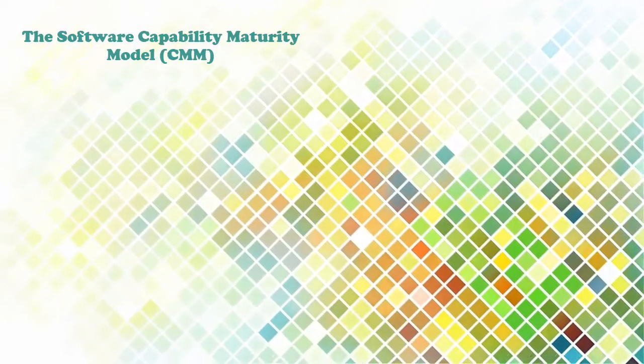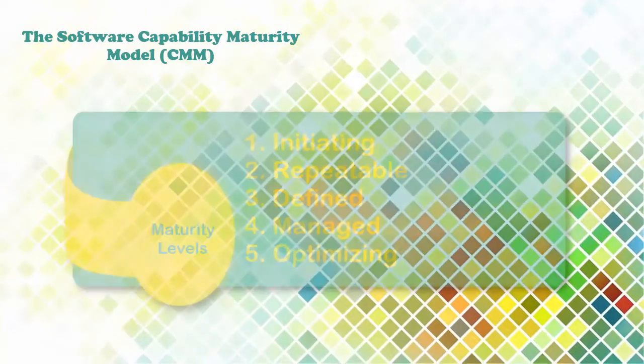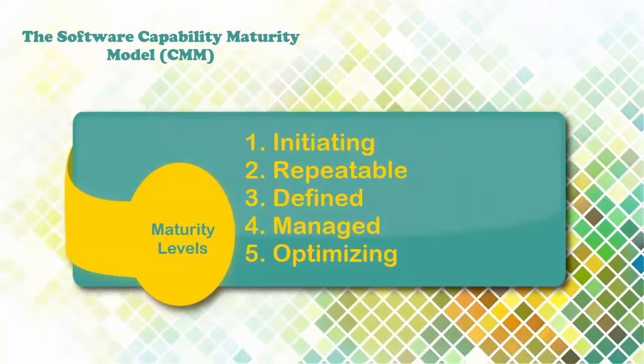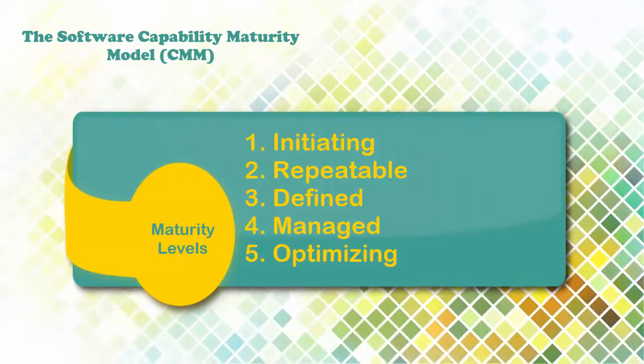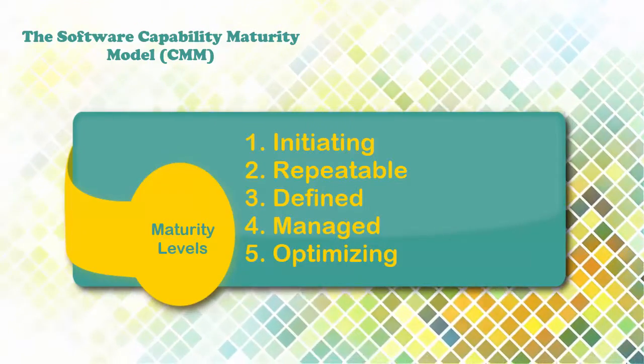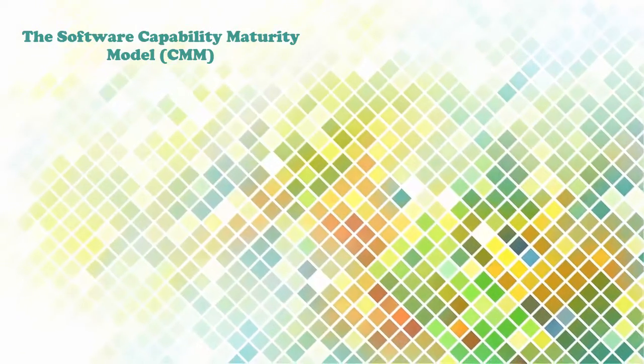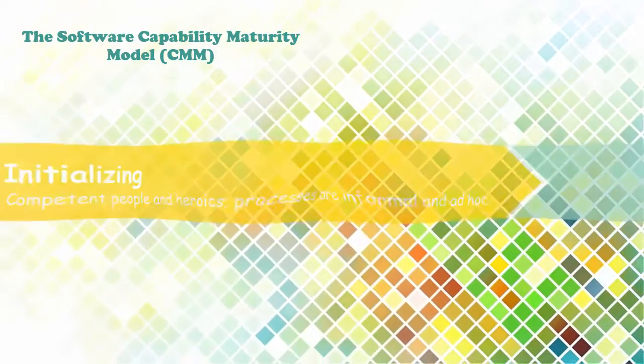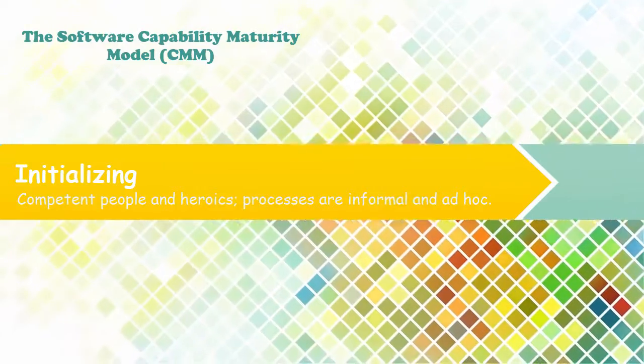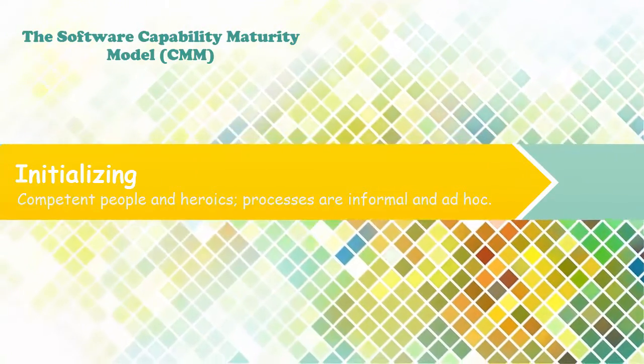So the 5 levels of maturity are initiating, repeatable, defined, managed, and optimizing. So let's talk about initiating. At this level, the process is usually chaotic and ad hoc.